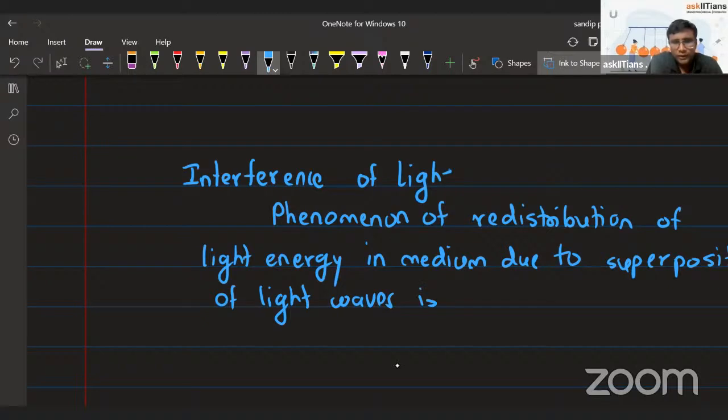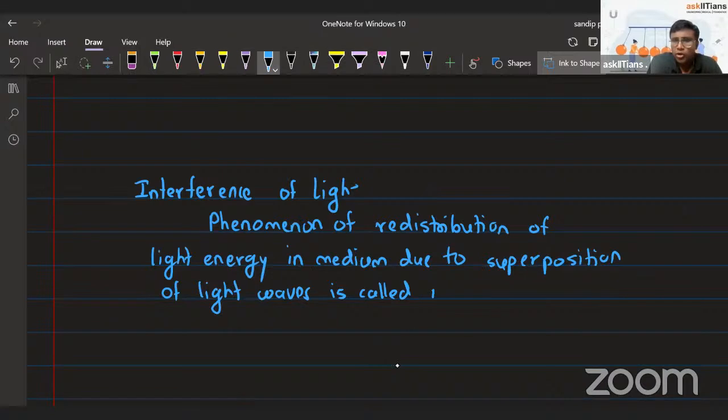It's called interference. So first of all, this statement is important. It's called interference of light.